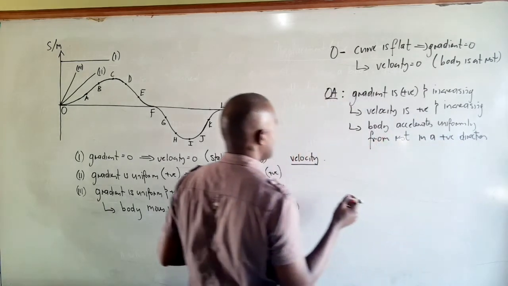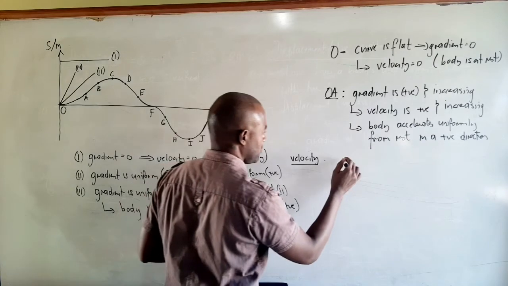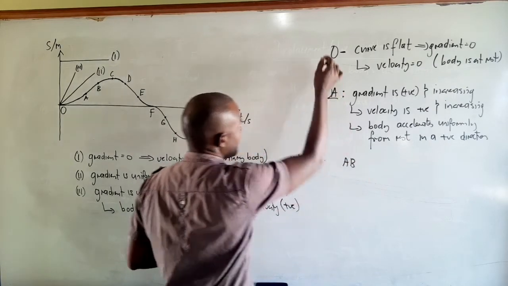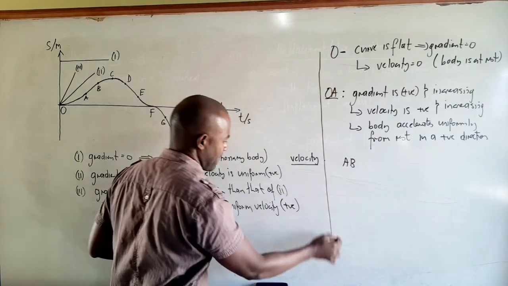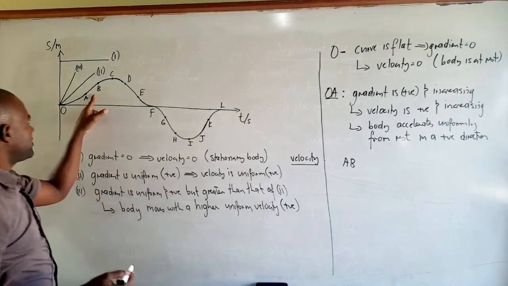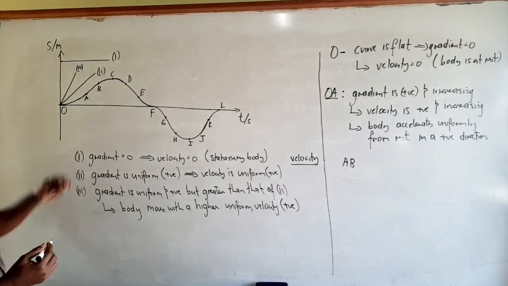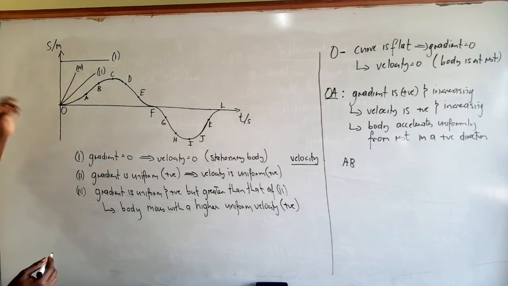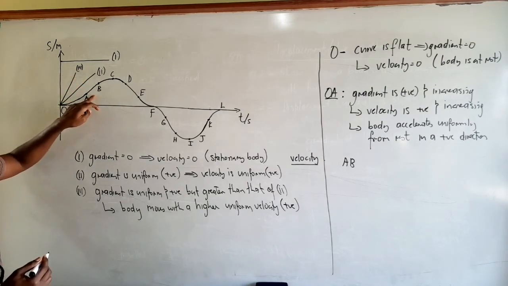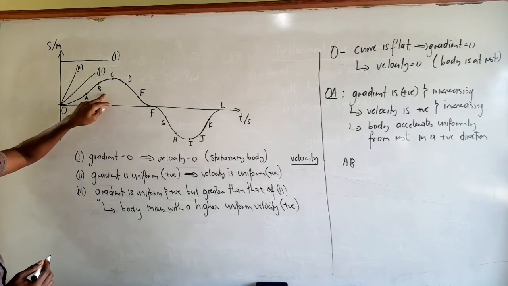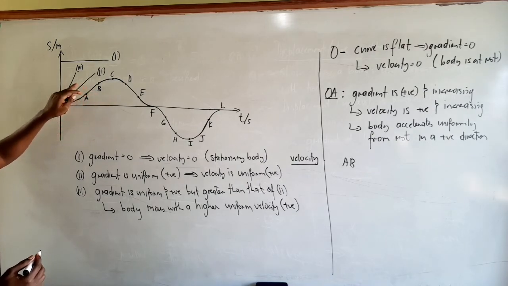Right? Now, AB, as mentioned before, AB is a straight line segment. And because it's a straight line and sloping upwards, basically the displacement increases uniformly with time, similar to graphs 2 and 3.